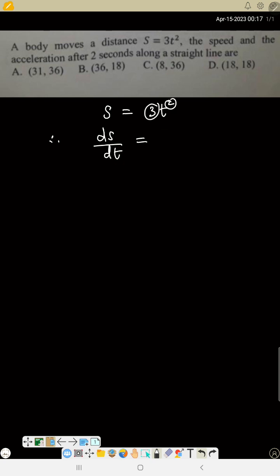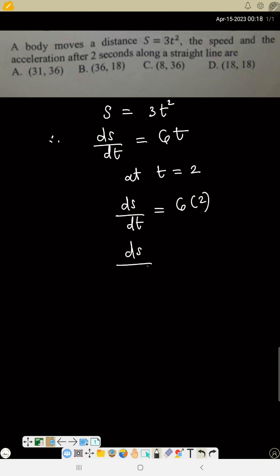So 3 times 2, 6, so this will be 6t. So at t equals 2, ds/dt is 6(2), so ds/dt is 12.